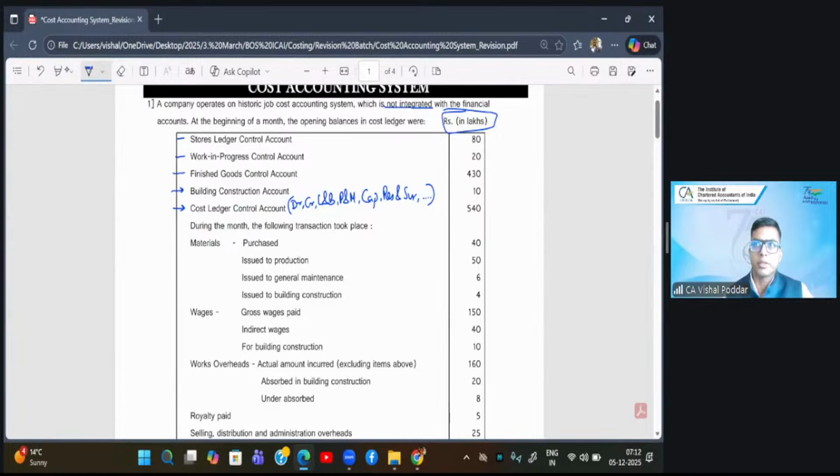So keeping aside the stocks, all other assets and liabilities are represented by the CLC account. Parallelly, this is called the General Ledger Adjustment Account.